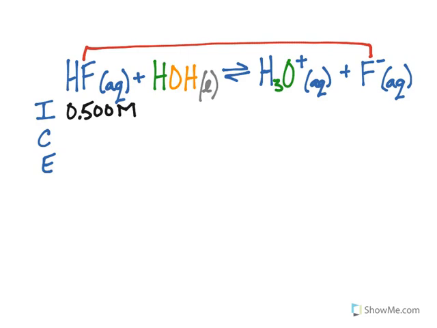In the data booklet, they aren't as specific as showing the water molecule on the left here, turning into H3O+. But rather what they do is they just show that this HF acid turns into H+, because the hydronium ion H3O+ is just like saying H+ in aqueous solution.